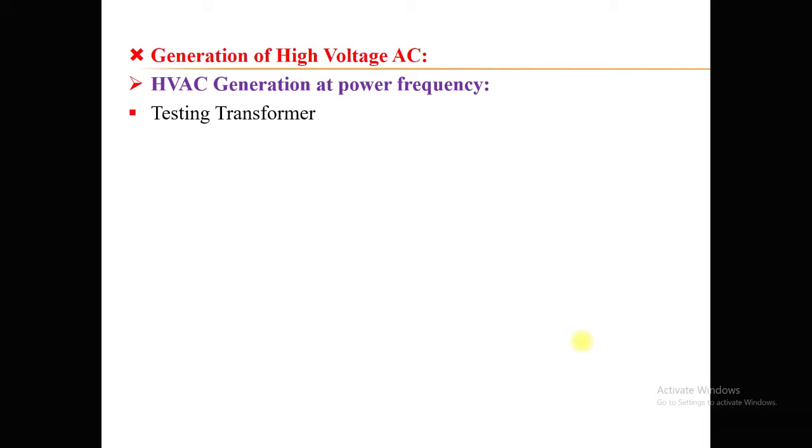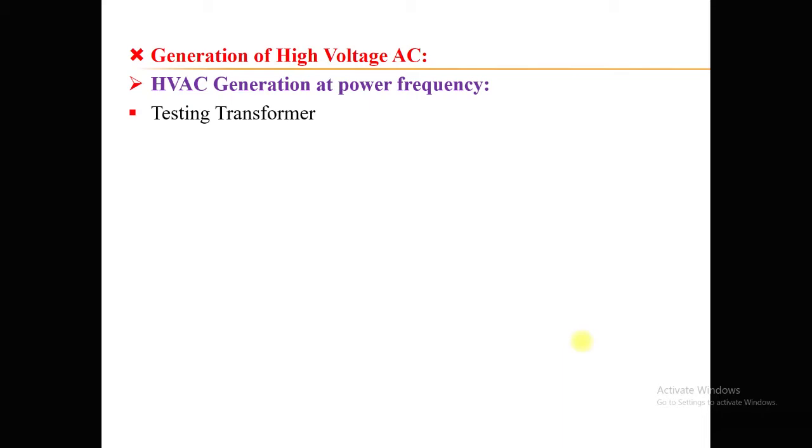As the name suggests, testing transformers are specifically designed to provide the test voltage only. The kVA rating of this transformer is obviously low as compared to the kVA or MVA rating of the power transformers and distribution transformers.